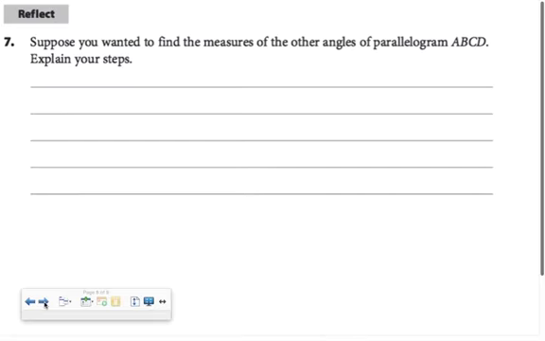Suppose we wanted to find the measures of the other angles in parallelogram ABCD.